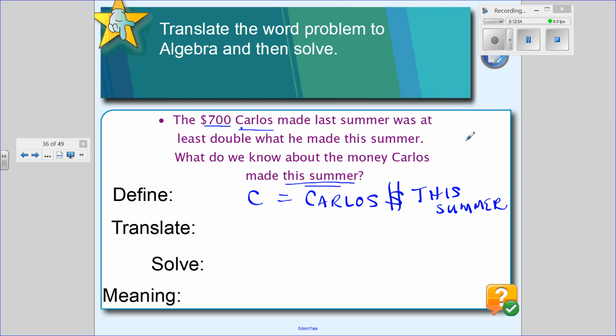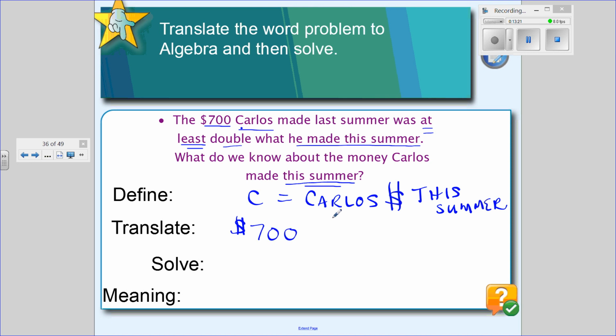Okay, let's translate. So the 700 made last summer was at least, let's highlight that word at least. I'm just going to underline it. At least. And go back in your notes and figure out, okay, which one logically makes sense for that. 700 at least double what he made this summer. That's referring to Carlos's money. So let's see if we can just work from left to right, translating this. $700 is at least.